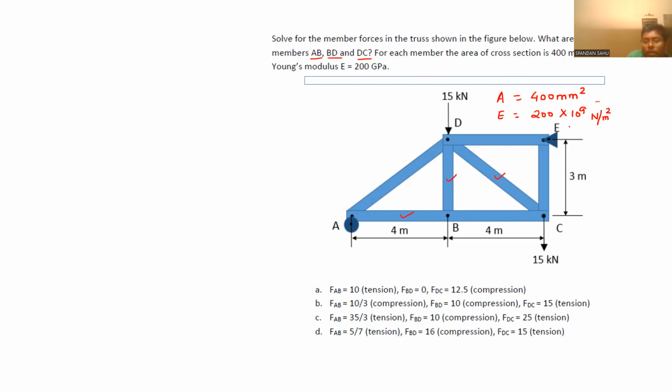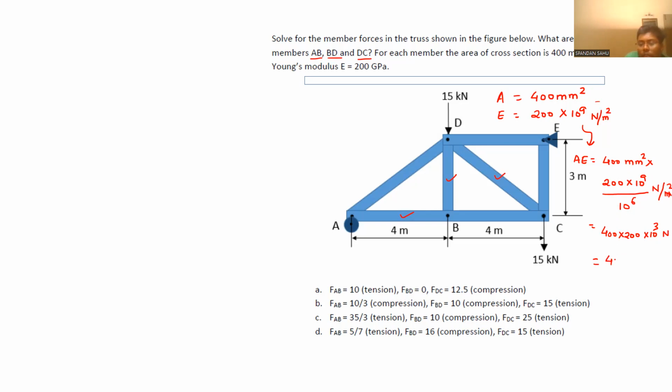So from here we can directly calculate AE, that is axial rigidity, which will be 400 mm square into 200 into 10 power 9 by 10 power 6. That becomes Newton per mm square. So this will be 400 into 200 into 10 power 3 Newton.